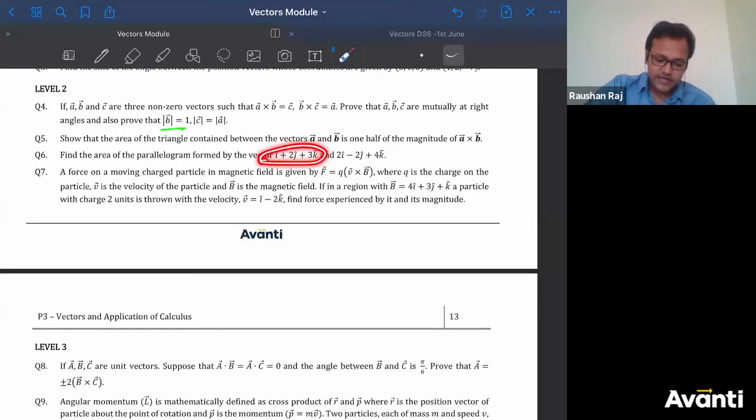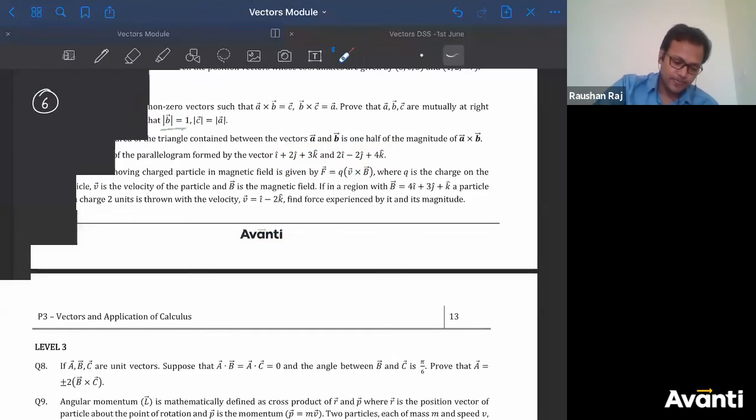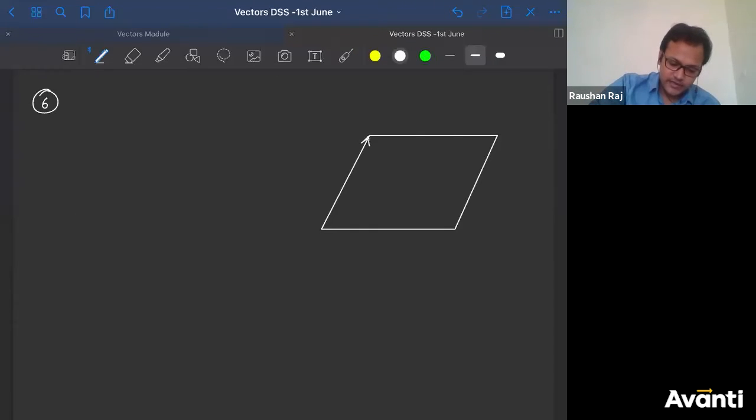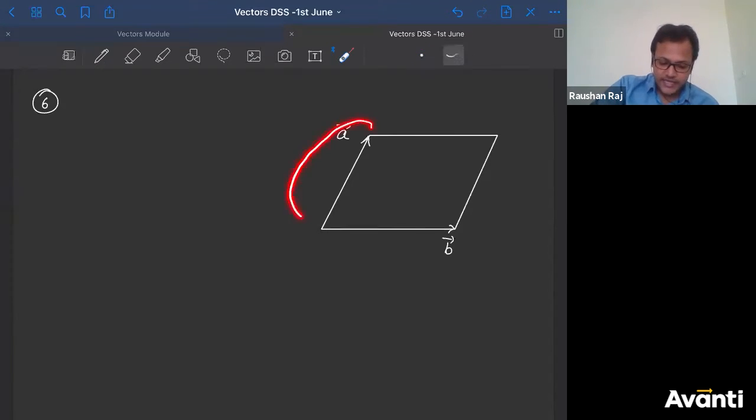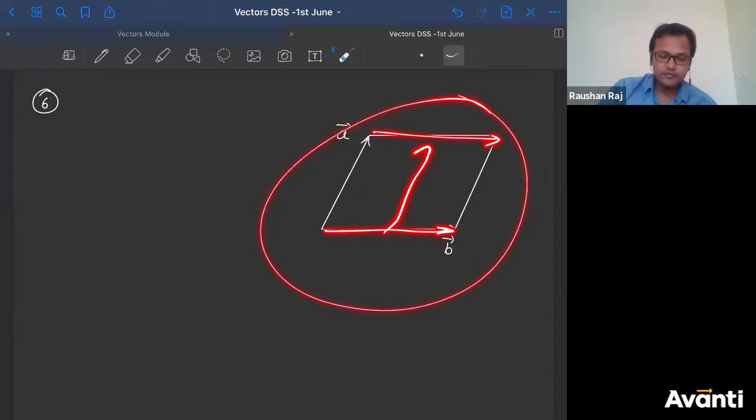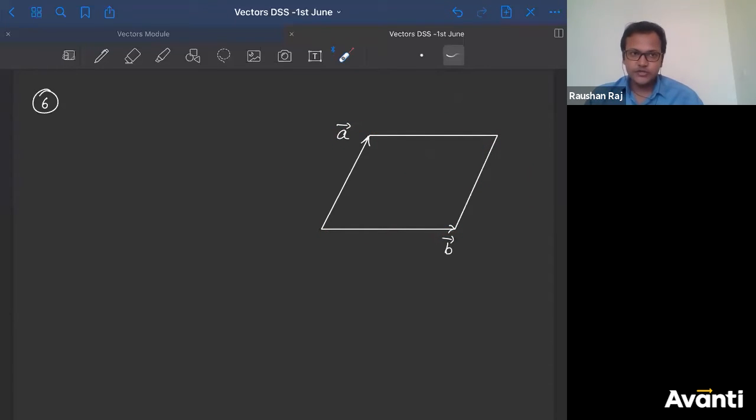So consider this is vector A, this is vector B. If I draw the same parallel A this side here, and if I draw the same B vector this side here, I'll get this parallelogram using two vectors. So using two vectors, you can draw a parallelogram every time.